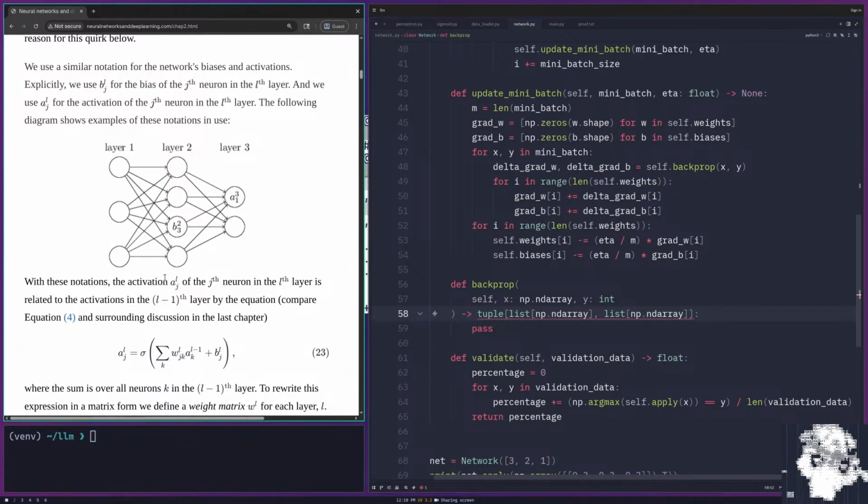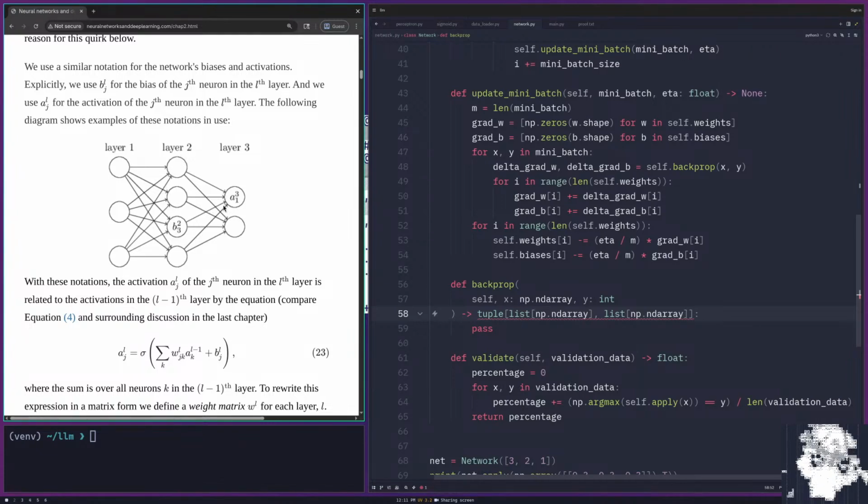With these notations, the activation A^L_J of the jth neuron in the Lth layer is related to the activations in the L-1th layer by the equation; compare equation 4, and surrounding discussion in the last chapter. So A^L_J is equal to sigmoid of this term, which we call Z, but the way you compute Z is with the dot product of W and the output of the last layer.